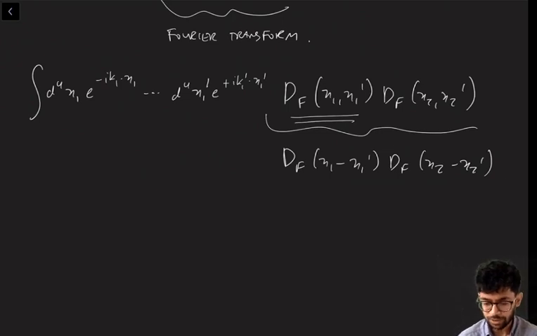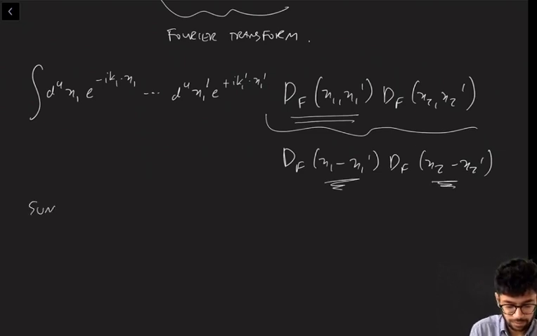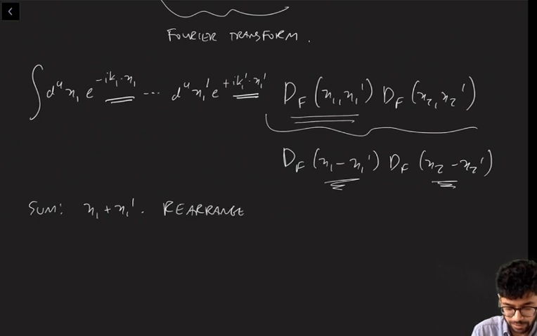So the next thing to note is that because this integral only cares about the differences between these points, the sum x1 plus x1 prime doesn't actually enter anywhere in the propagators. It only enters in the exponent in all these Fourier transforms. So I can rearrange the Fourier transform to make this more explicit. In particular, let me rearrange the exponent like this.